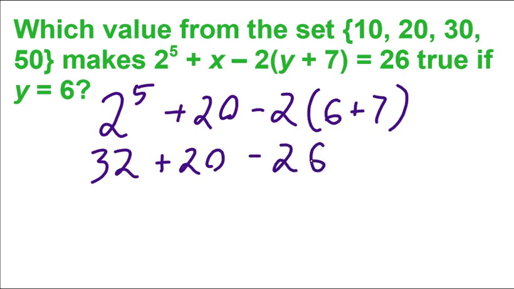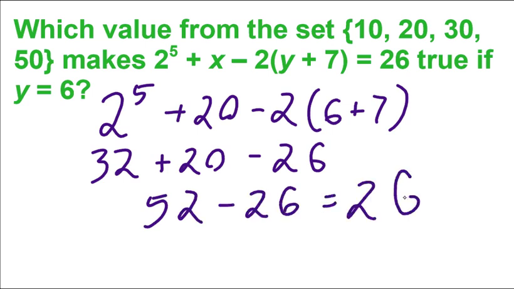The good part is, stuff like 2 to the 5th power, the parentheses we had here, you're reusing it over and over, so you don't have to recalculate it each time. So 32 plus 20 is 52. 52 minus 26 is 26. Okay? Any questions?